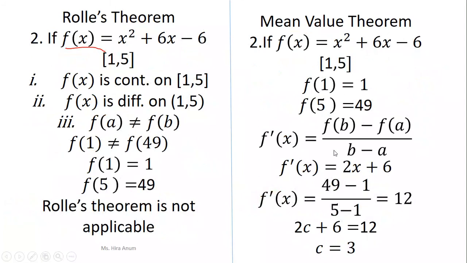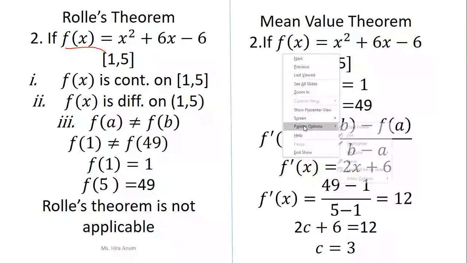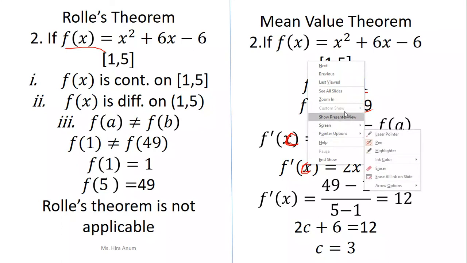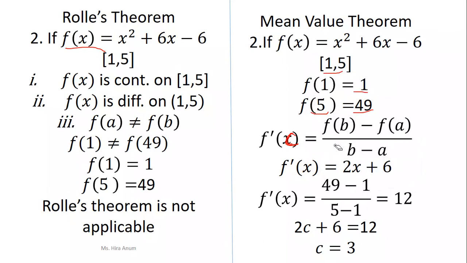Now you can see f of x equals x square plus 6x minus 6. When we put 1, it gives 1. When we put 5, it gives 49. F prime of c equals f of b minus f of a over b minus a. So f prime of x equals 2x plus 6.